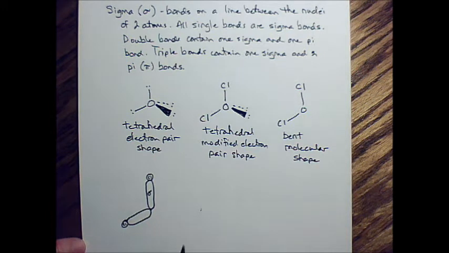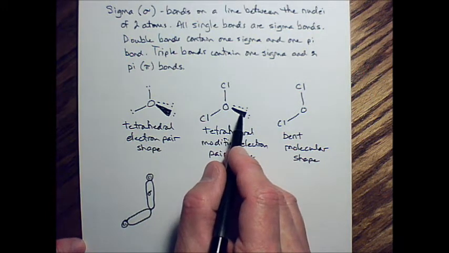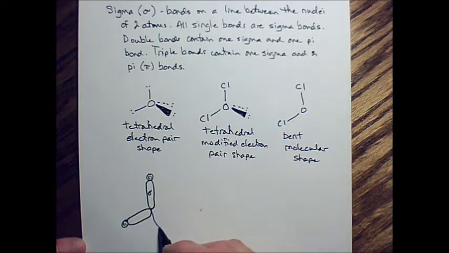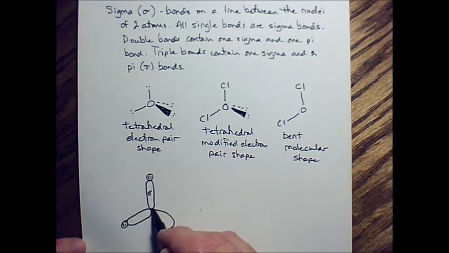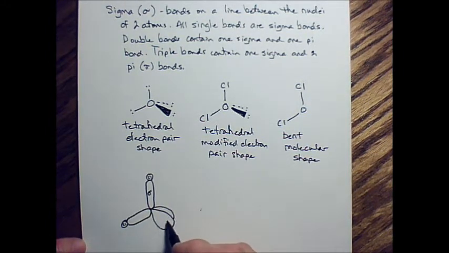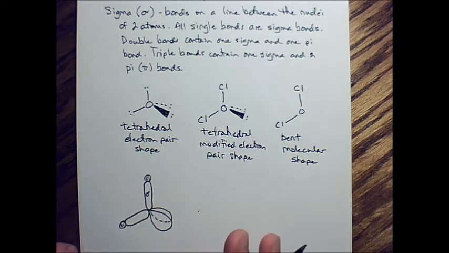All right. And then the two lone pairs are like the round balloons out here. Okay. So this would be the shape of the orbitals and the bonds that result from sharing two orbitals.